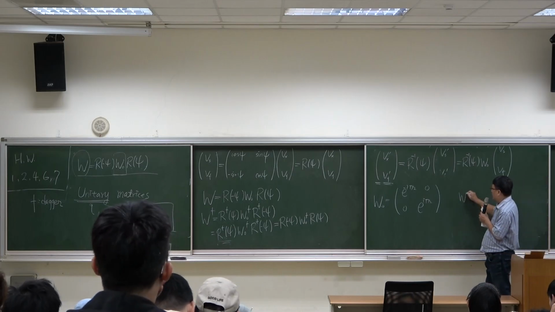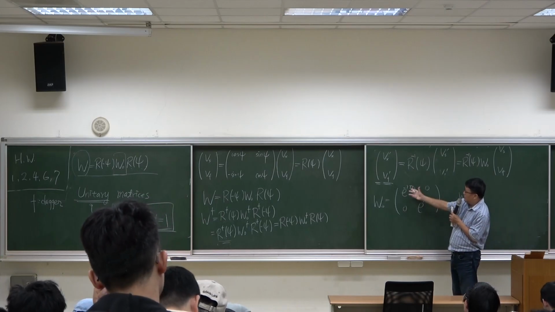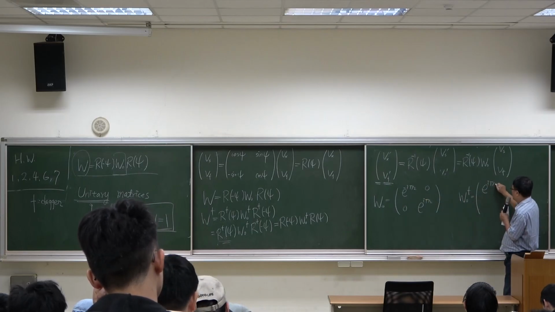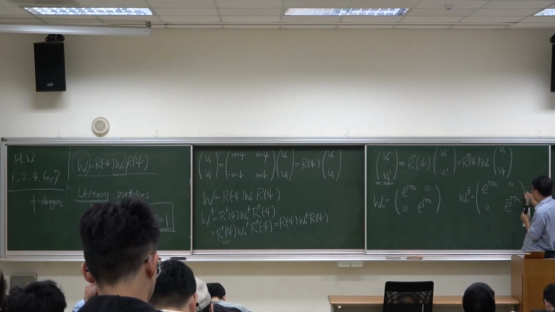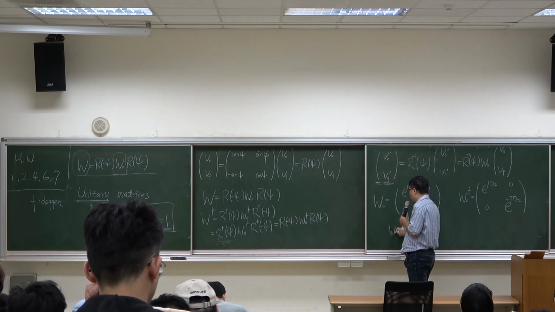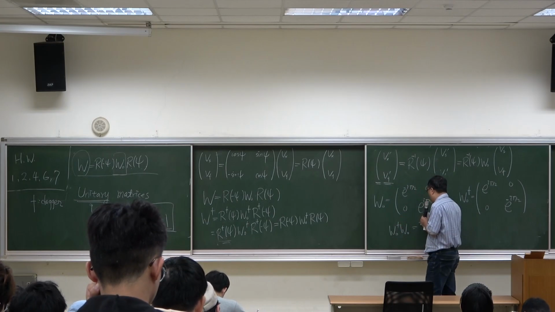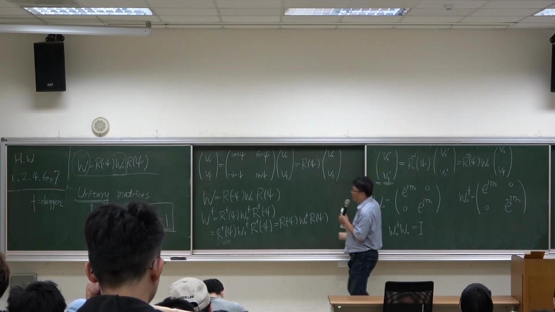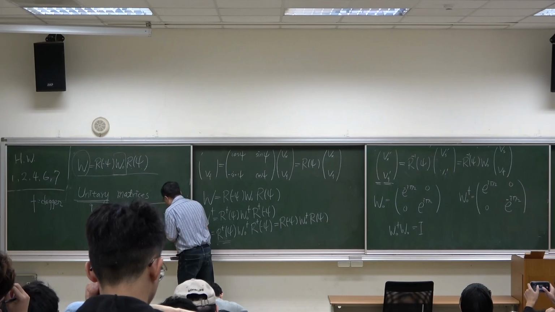And the W0 dagger, the transpose and the complex conjugate, give us this. Okay, so it is very obvious that W0 dagger times W0 is equal to the unit matrix. So now we try to calculate W dagger times W.